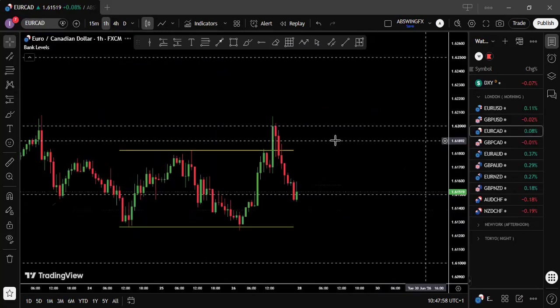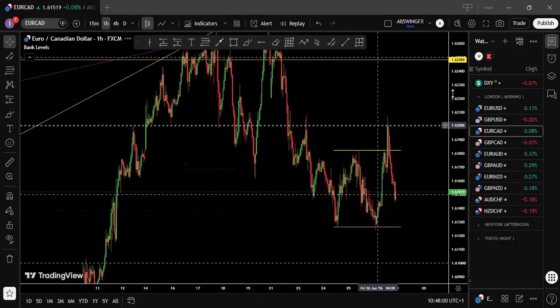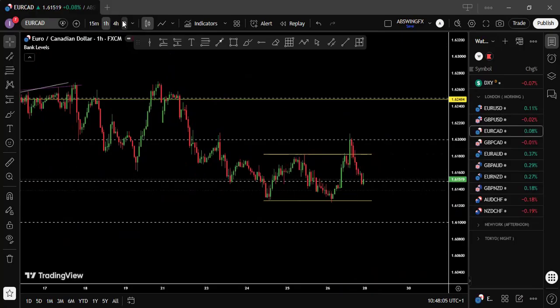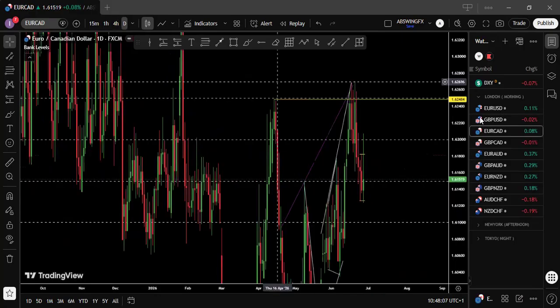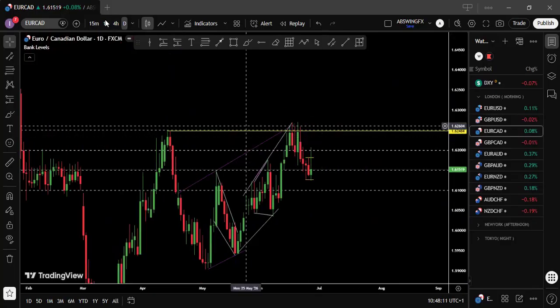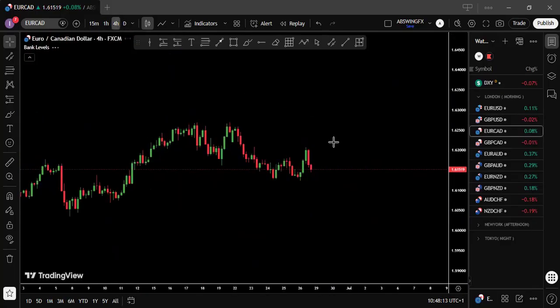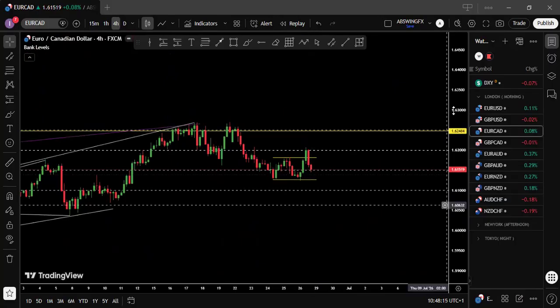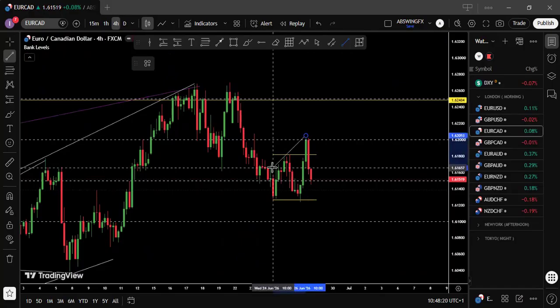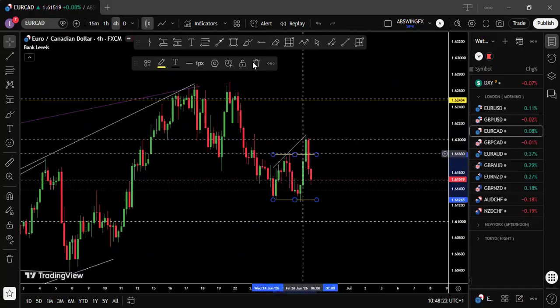You look at this pair, it is doing very, very well. Let's go back. Displacement to the downside. 4 hours pattern formed, which is very, very good.